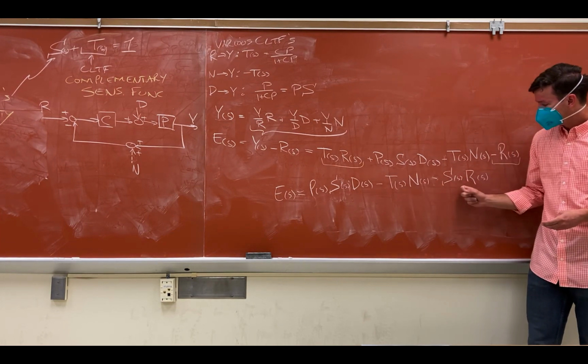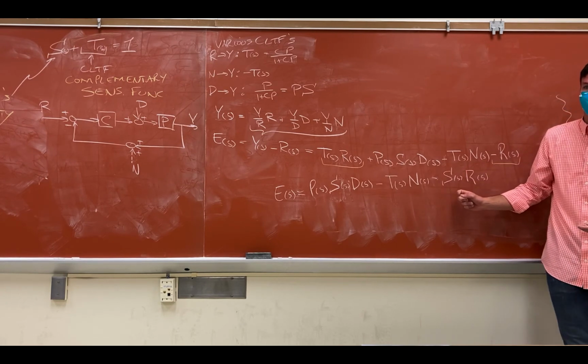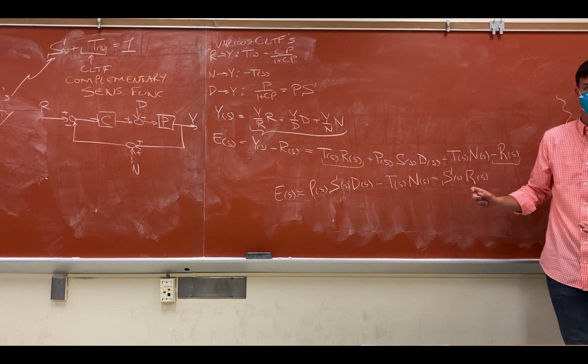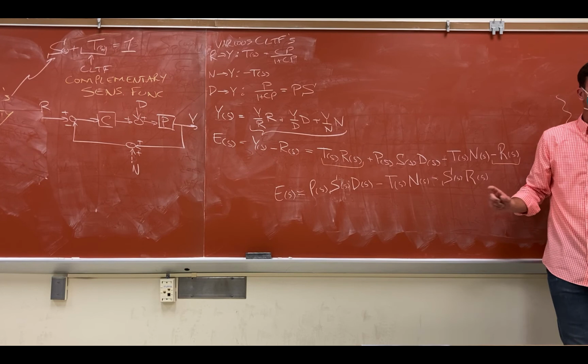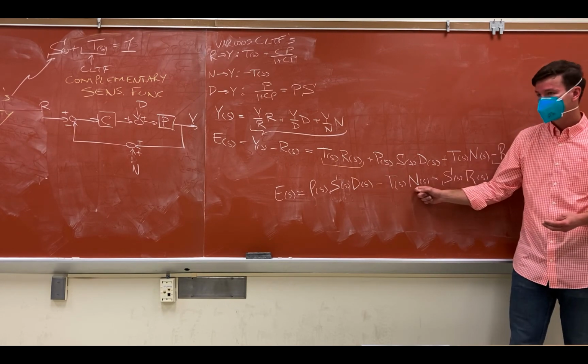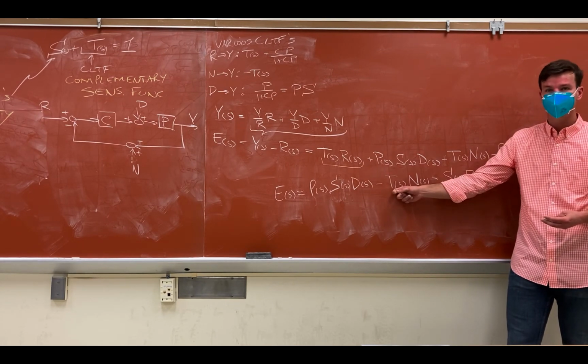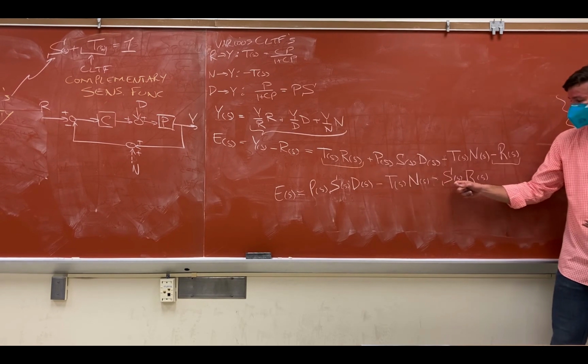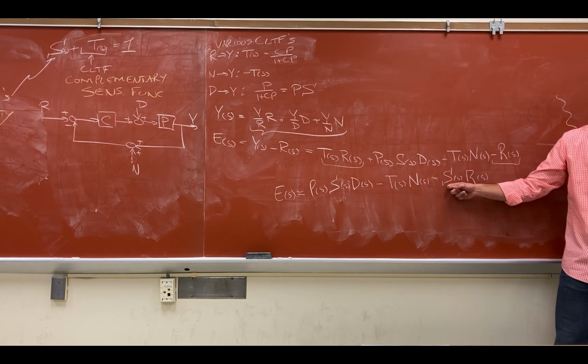Check this out. Remember what I said about not being able to make T and S small simultaneously? What are the ramifications of that here? I can either reject noise by making T small, but by doing that I have to make S big, which means that my reference will introduce error.